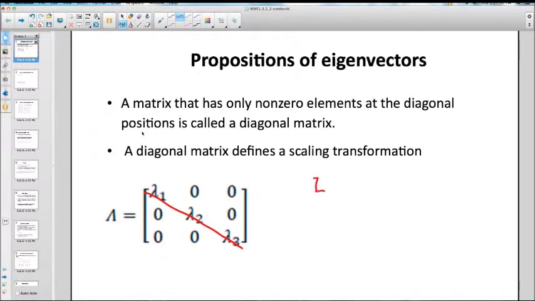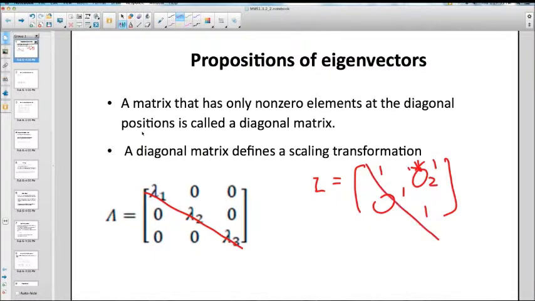Like this I, where you have 1, 1, 1 on the diagonal. This is a special diagonal matrix. We call it the identity matrix. And we also learned some other matrices. If you have elements on and above the major diagonal, but all zeros below it, we call it an upper triangular matrix.